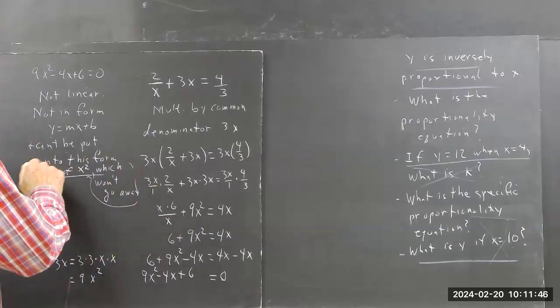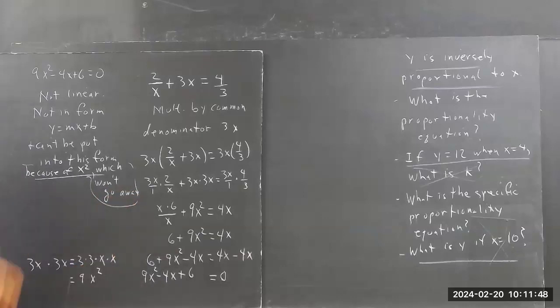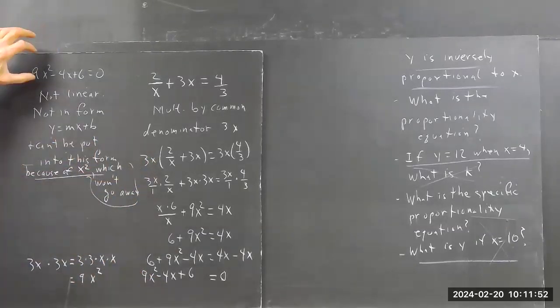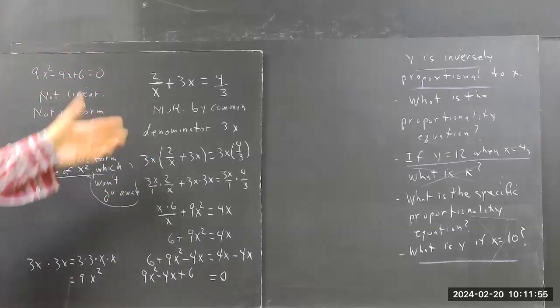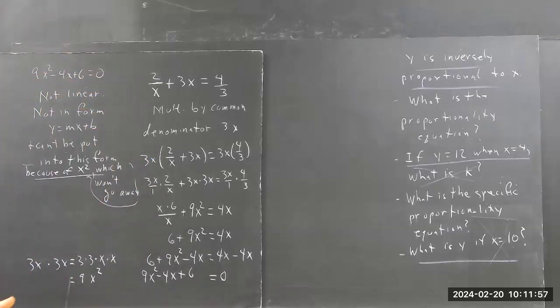Because of x squared, which won't go away. That x squared is not going anywhere. You can move it, you can subtract 9x squared from both sides, or subtract 5x squared from both sides and split the x squareds. It's not going to help.